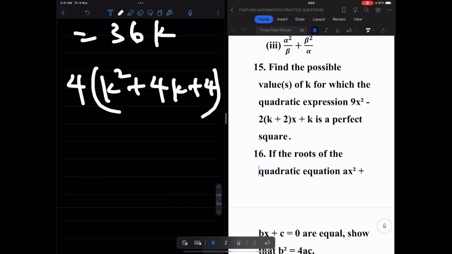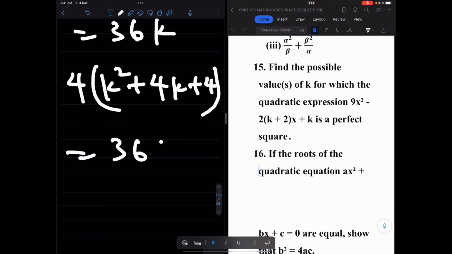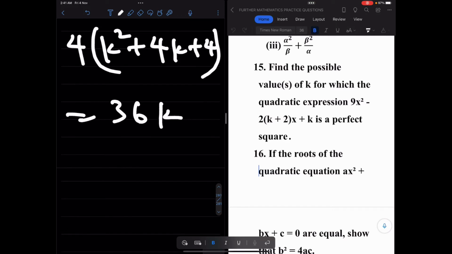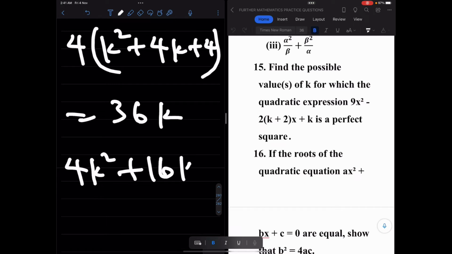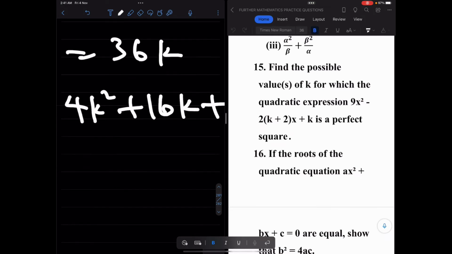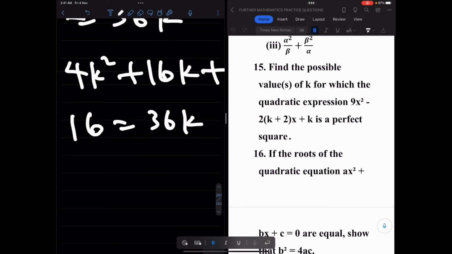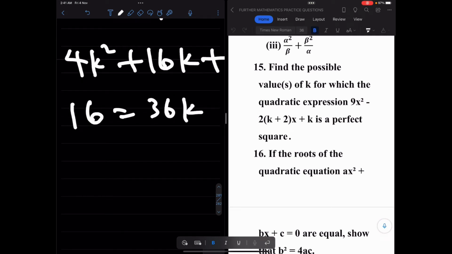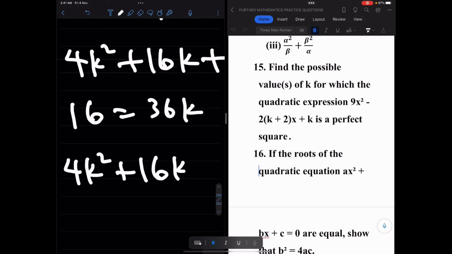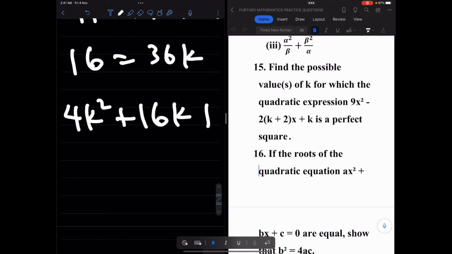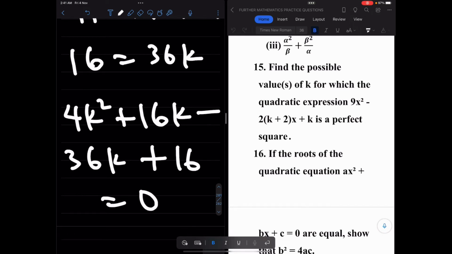That gives 4k squared plus 16k plus 16 equals 36k. Now I'm taking 36k to the left hand side, and I have 4k squared plus 16k minus 36k plus 16 equals 0.